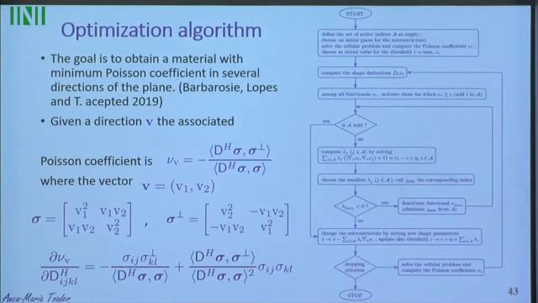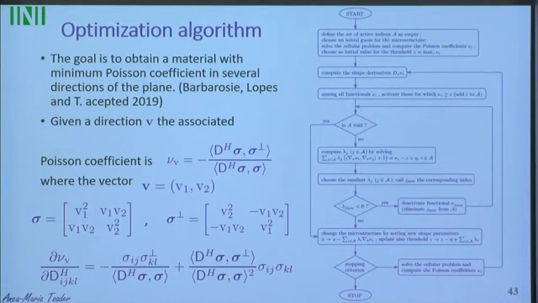Here we have to define what we mean by a Poisson coefficient when we are dealing with anisotropy. Because when we deal with isotropy, it's what we learn from books. But when we deal with anisotropy, you have to say in what direction you want your Poisson coefficient.